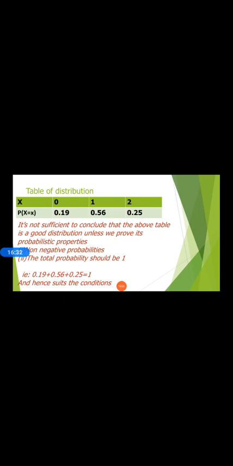And since it satisfies the probabilistic properties, we can go to Roman numeral 2, where they want us to calculate the mean number of red sweets.